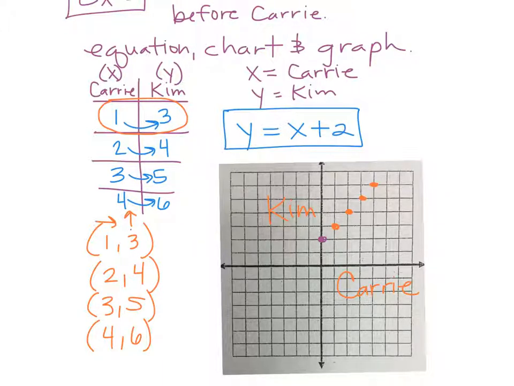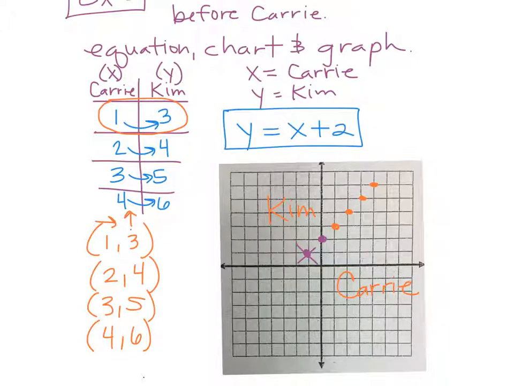So Carrie isn't born yet, but that could exist, right? Kim was born and Carrie wasn't. Is it possible to have a point here? No. Why? Because that means Carrie was born and Kim wasn't. Because Carrie's negative then, right? You can't have negative, okay? So we're not going to start here, but you can start from here.